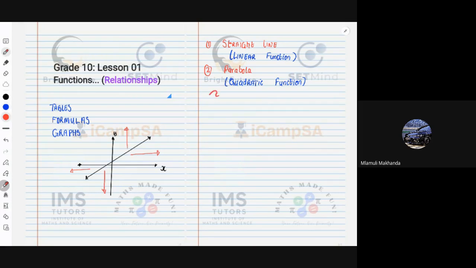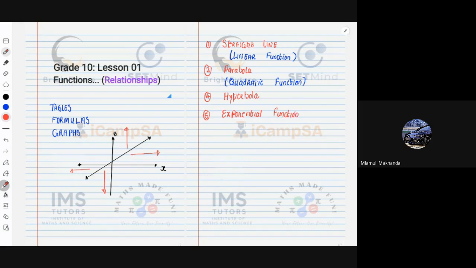And then thirdly, we're going to talk about the hyperbola or the hyperbolic function. And then we're also going to talk about the exponential function.